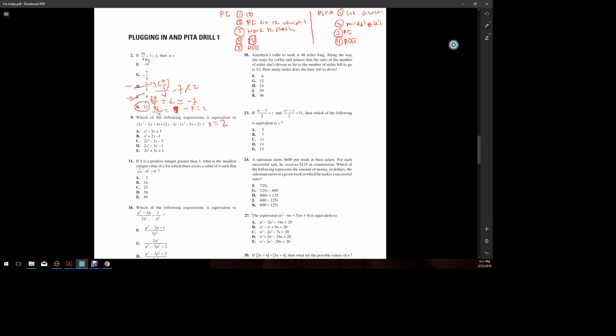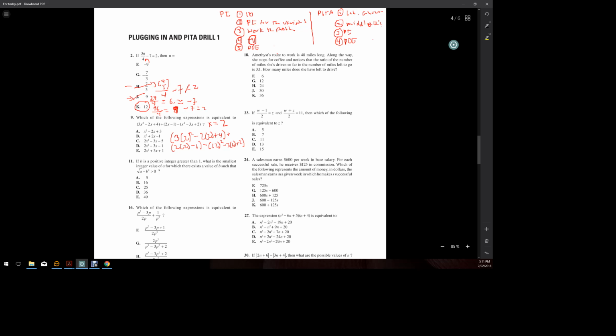So when I plug in x is equal to 2, the expression turns into 3 times 2 squared minus 2 times 2 plus 4 plus 2 times 2 minus 1 minus 2 squared minus 3 times 2 plus 2.